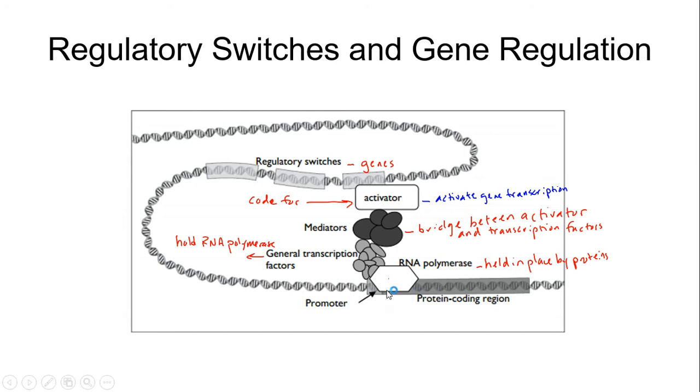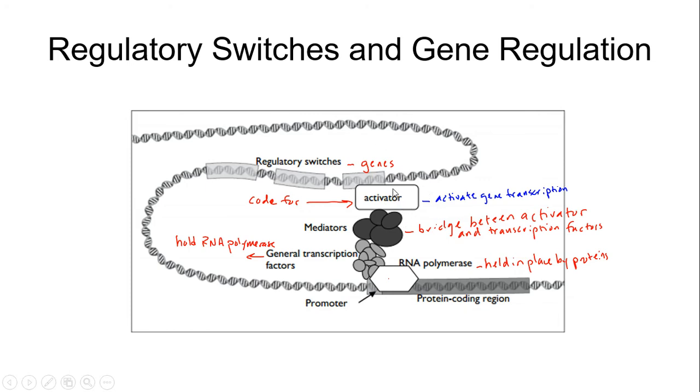Now the general transcription factors bind to the RNA polymerase, and they permit mediators to also attach. What these transcription factors do is they hold the polymerase in place. They prevent it from moving until a proper signal is achieved. The mediators are going to bridge the gap between these activators and the general transcription factors. The gene does not get copied until an activator attaches.